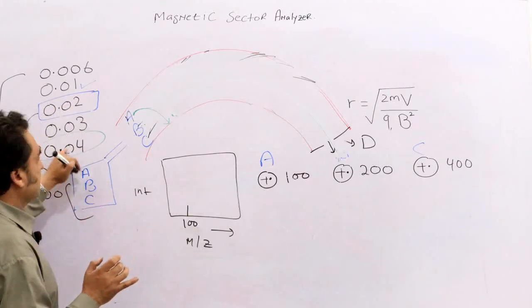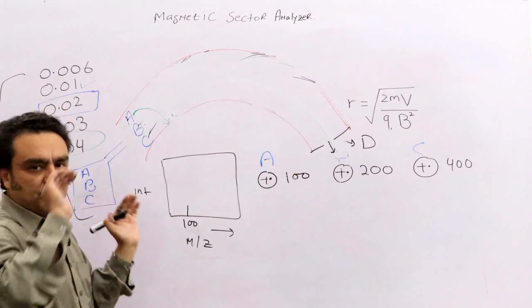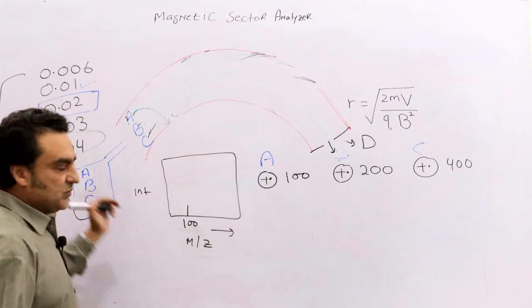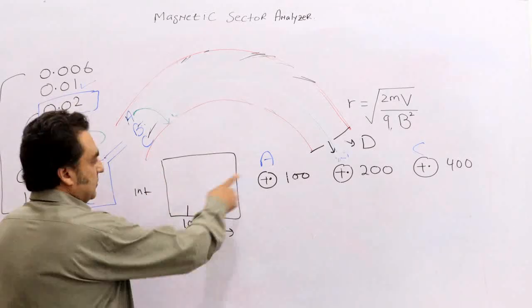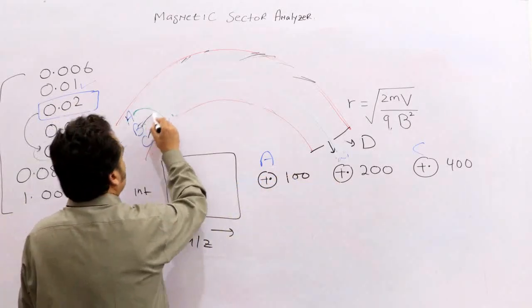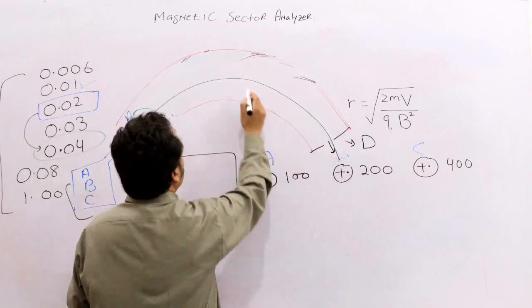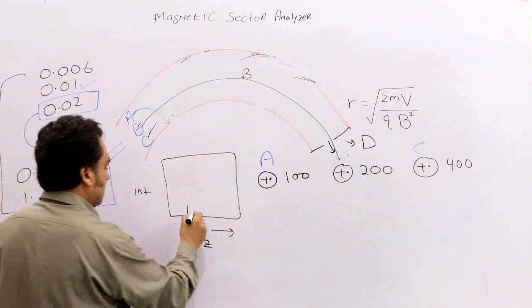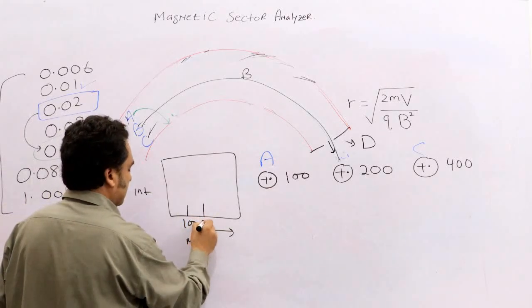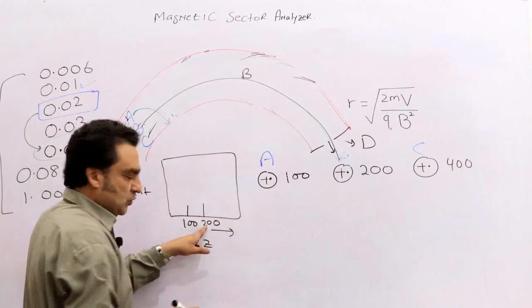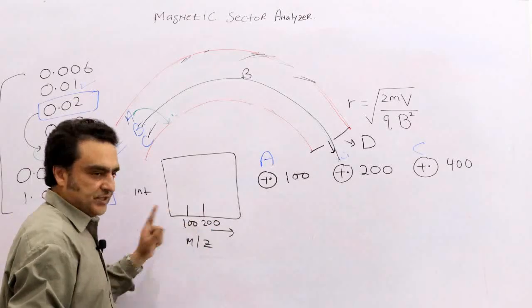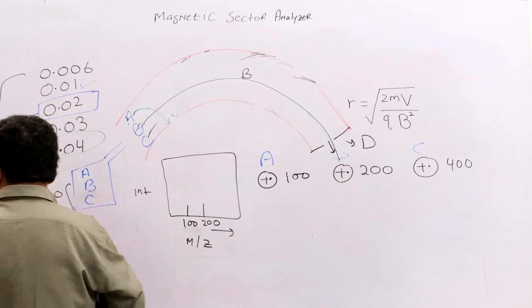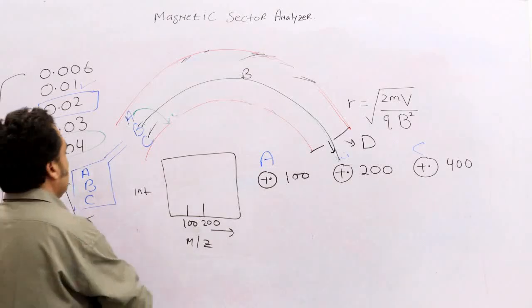When we look at the mathematics, if 0.02 is good for 100, then 0.04 is good for the other one, the 200. So B will move to the detector, and you will get a peak at 200. This is 200, and this is 100, on M over Z. But what will happen to C?